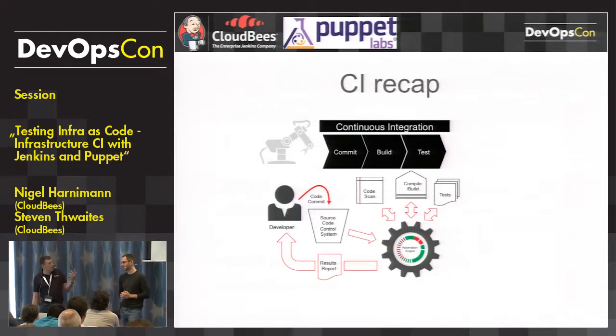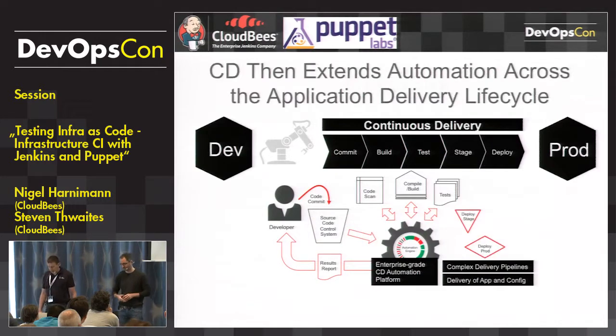And so if CI was just doing commit, build, test, what does continuous delivery mean? It actually means being able to go from dev all the way through to production with automation. So we then start to add on, after the functional testing or the QA that you do, further testing. That testing could be performance testing.